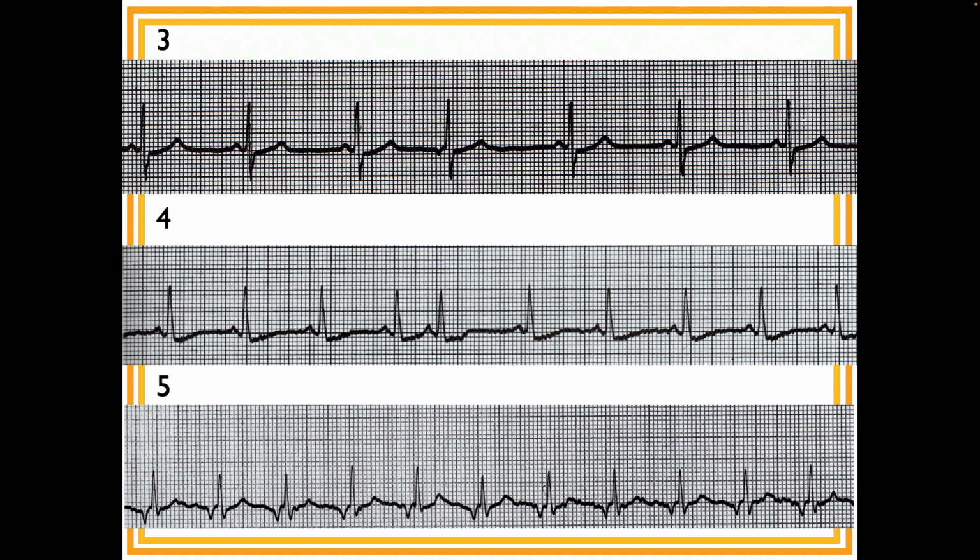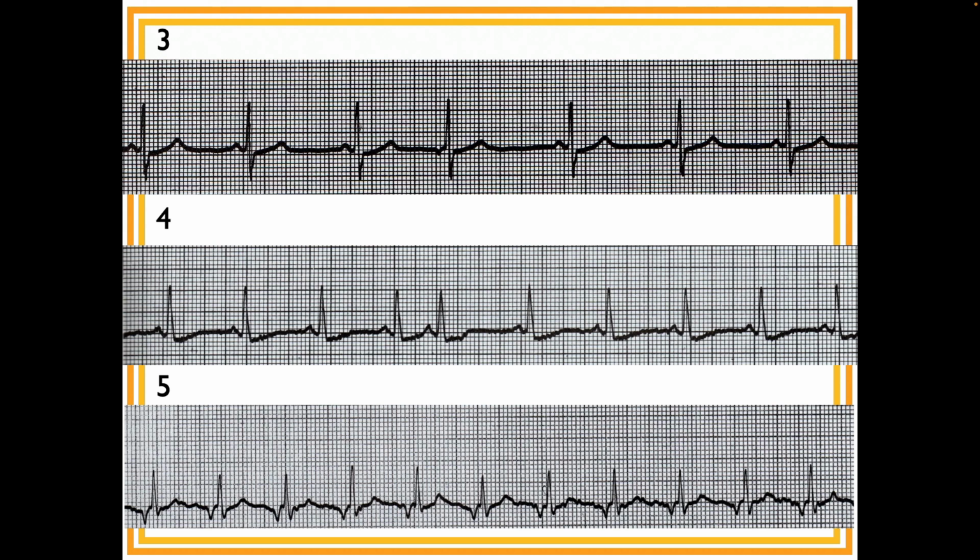Now let me point something out to you. Look at that isoelectric line, how squiggly it is. Those of you who have seen field ECGs know that the interference you'll see when a patient is moving is much more dramatic than that. But I'm pointing this out because this looks a whole lot like fib waves.